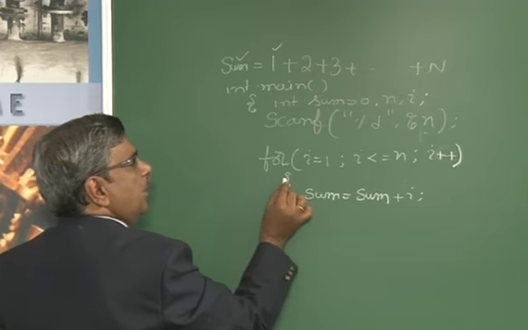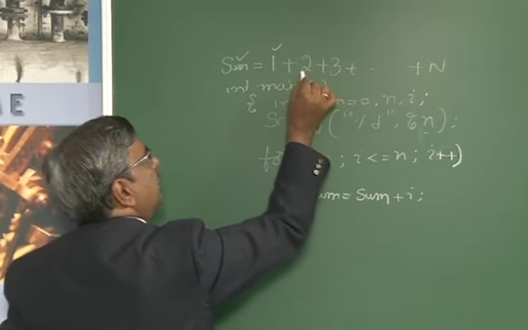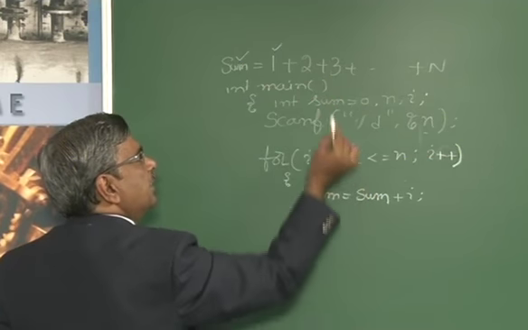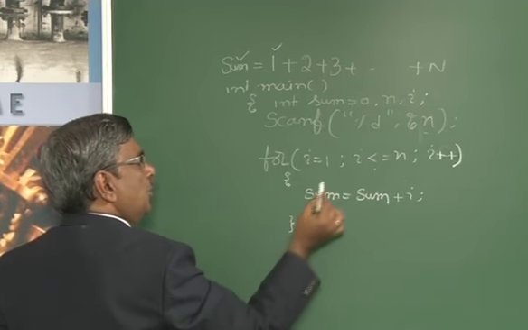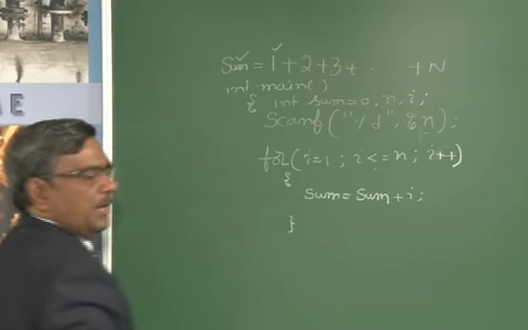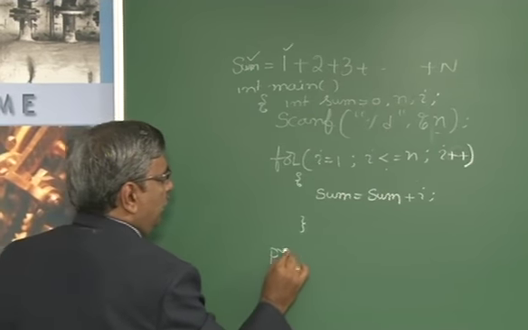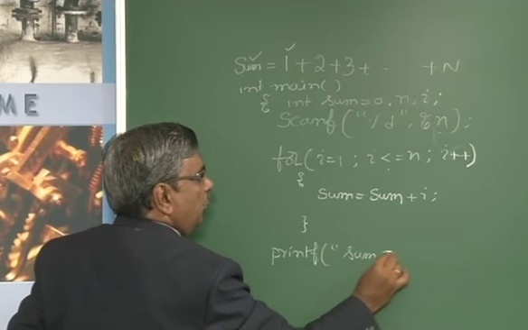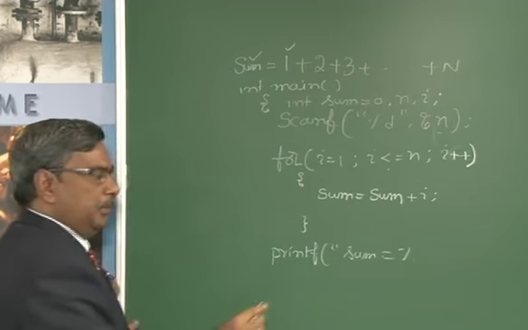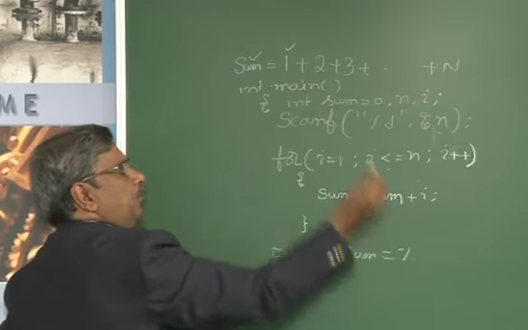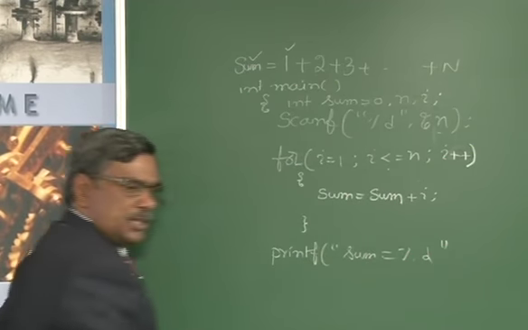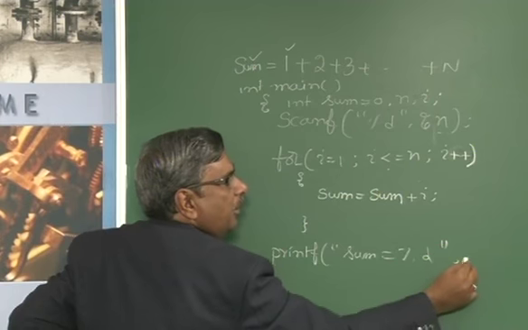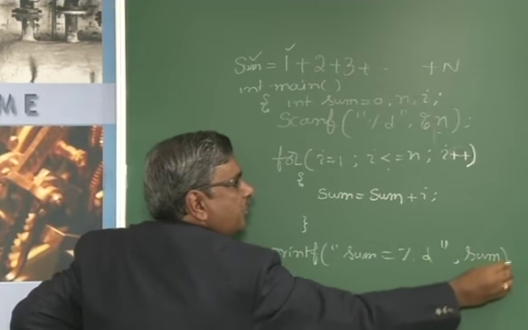Then the control goes back, I gets incremented, the next value is taken and added. This process repeats until the condition fails. So now you have your result in the variable sum. You can print that: printf sum equal to %d, because it is an integer variable, close this, put a comma and put that variable sum.